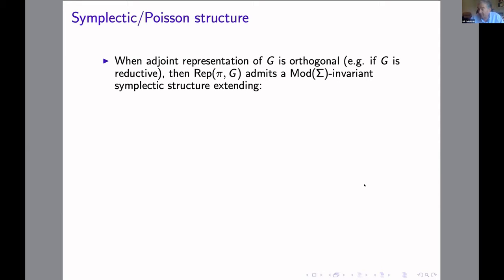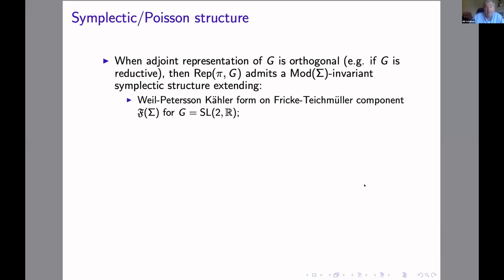So let me say a little bit about general properties of these moduli spaces. In the case when the fundamental group is a surface group and the surface is oriented, then there's a natural symplectic structure on the space of equivalence classes of representations.